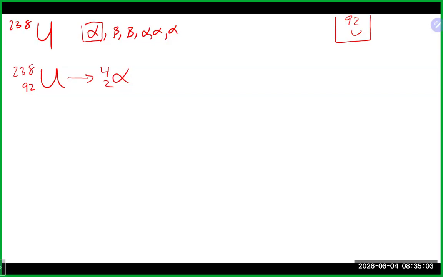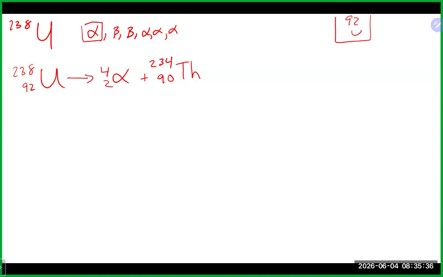I got 92 on the left and 2 on the right, which means my missing atomic number is going to be 90 to get me to 92 on both sides. Again, the periodic table is your friend when you're doing these things, and number 90 is Th. In terms of my mass number up on top, I got 238 on the left and 4 on the right, which means, to make them equal, 234 looks like a winning move there.